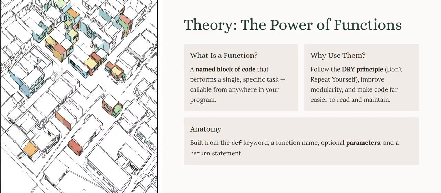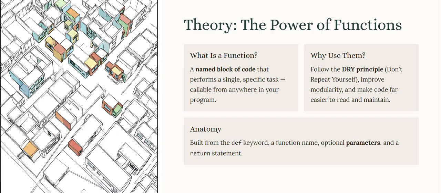Built from the def keyword. There is a keyword def. You use this for every function. The def keyword is used in every function. A function name, optional parameters, and a return statement. So what is the syntax?